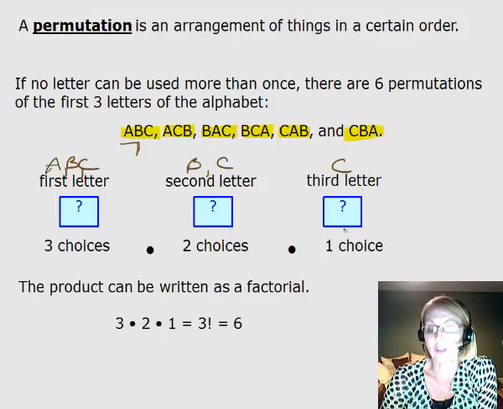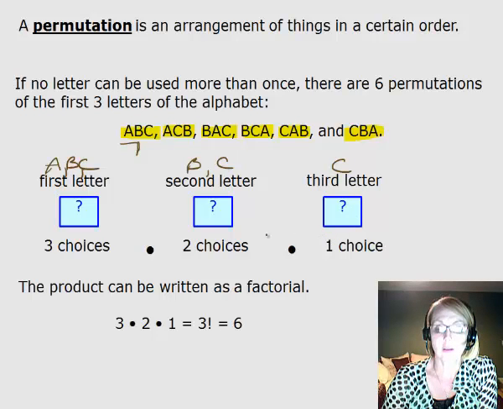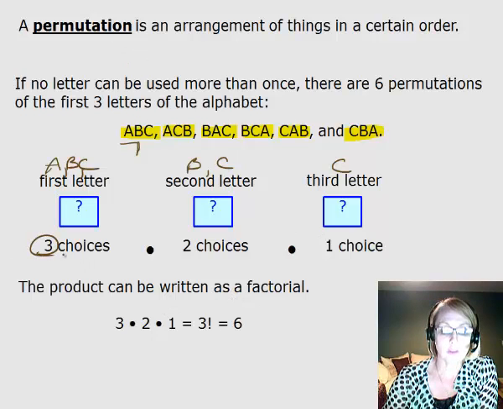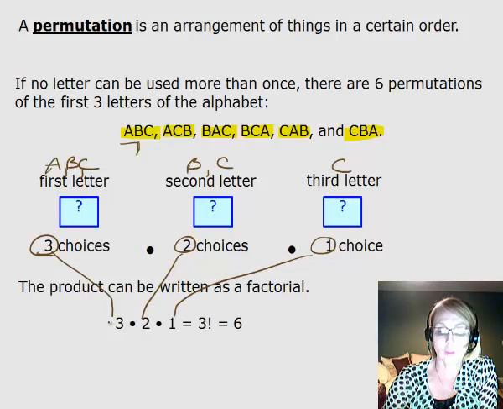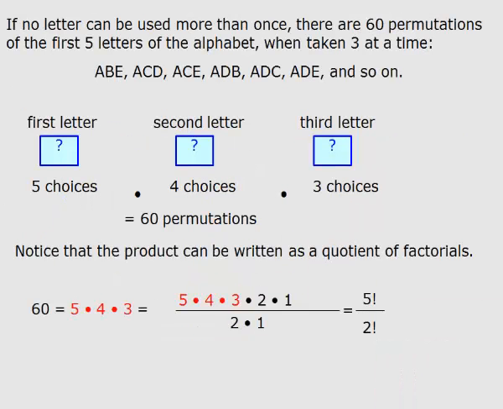There's only 1 letter left, C. So the permutation of this can be written as a factorial. We had 3 choices, 2 choices, and 1 choice. 3 times 2 times 1 is 3 factorial, which also equals 6. So in total we had 6 ways we could do this.